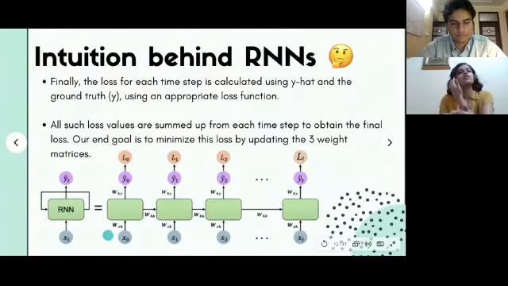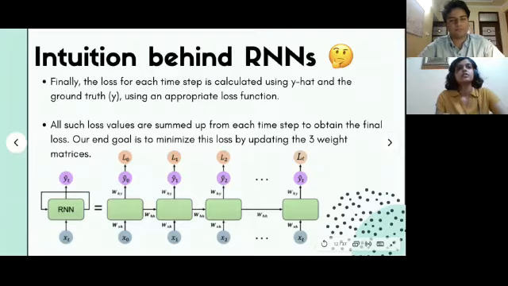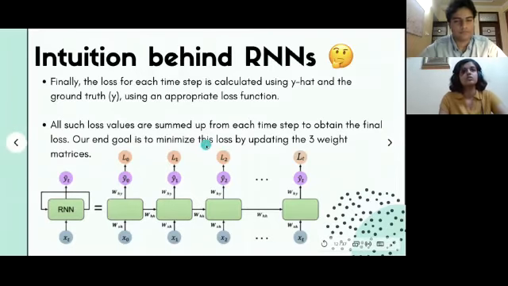Once that is done, you calculate your output by multiplying that with the output weight matrix and passing it through an activation function. And finally, you get your loss. So I hope the feed-forward mechanism is clear. And this hidden state, as you can see from those tiny little arrows, is passed through each and every time step consecutively. So I hope that the feed-forward mechanism is somewhat clear, if not fully.